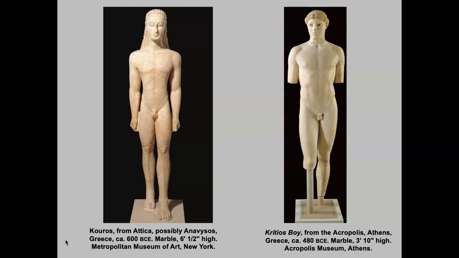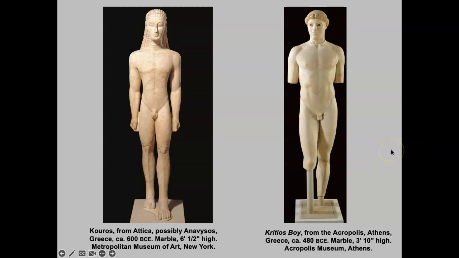But contrapposto refers to this shift in weight from one foot to another that activates the entire body. And so what we have is a zigzag effect coming from one shoulder to the other, down to one hip, down to the other hip, and then down to the knee.